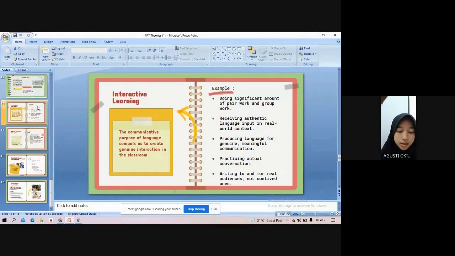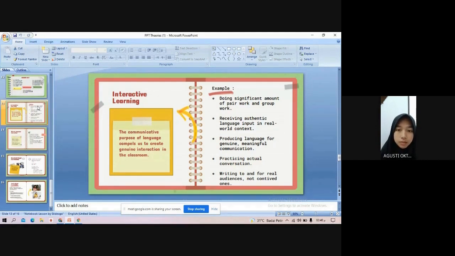Second, receiving authentic language input in real-world contexts. And after that, we can produce language for genuine and meaningful communication. And fourth, we can practice actual conversation. And then we can write to and for a real audience, not fabricated.